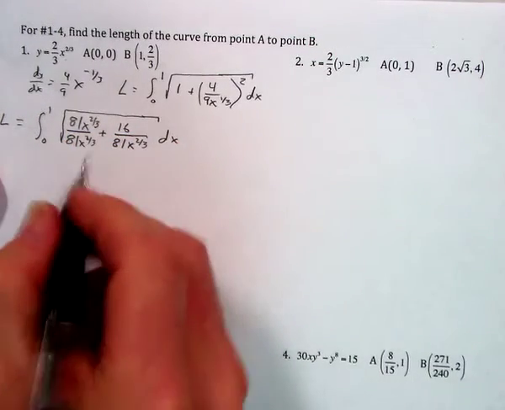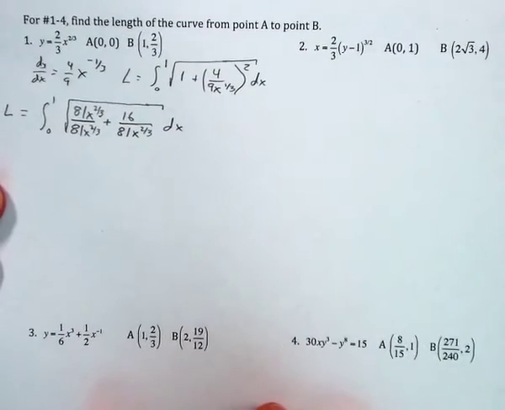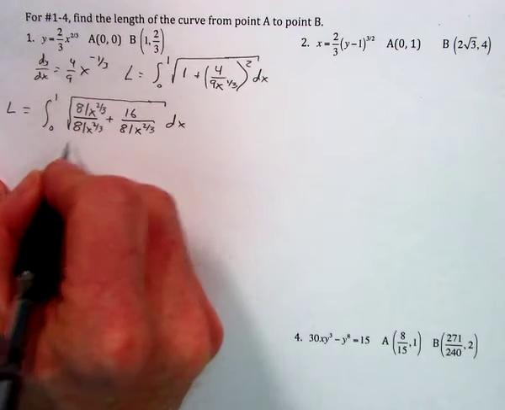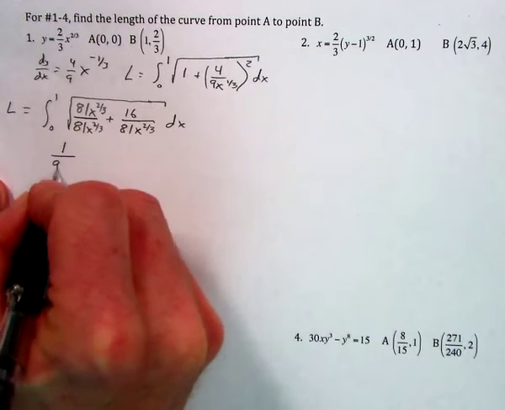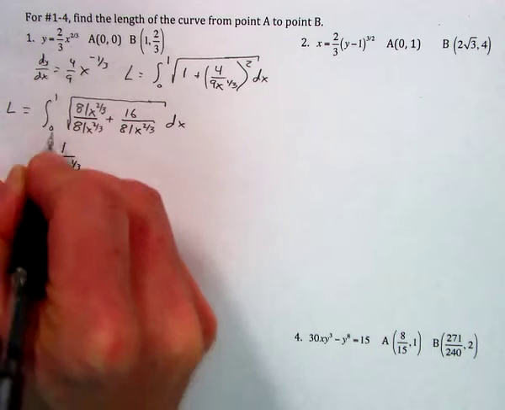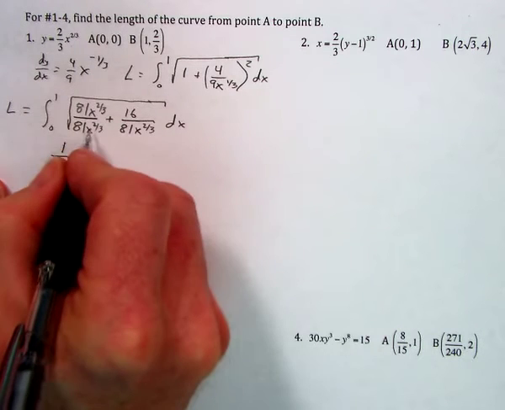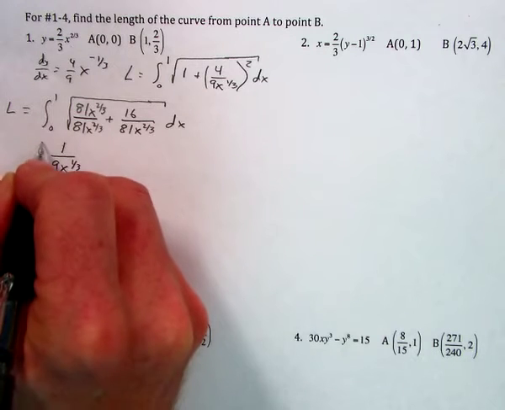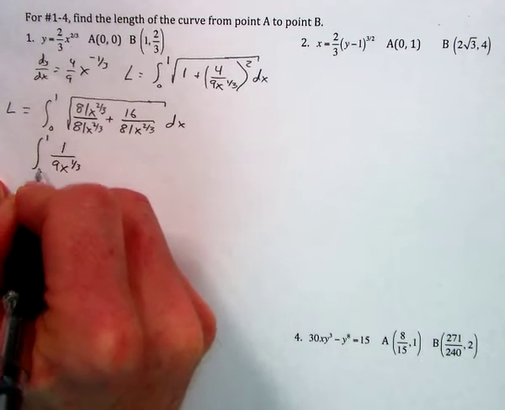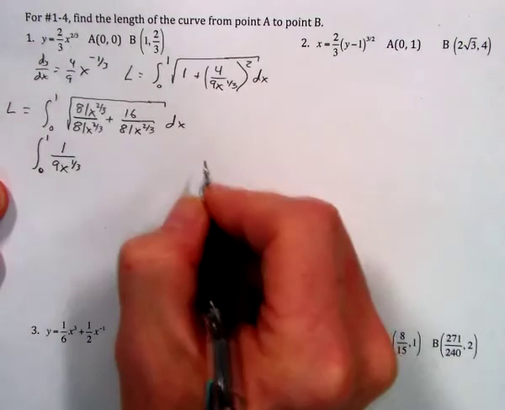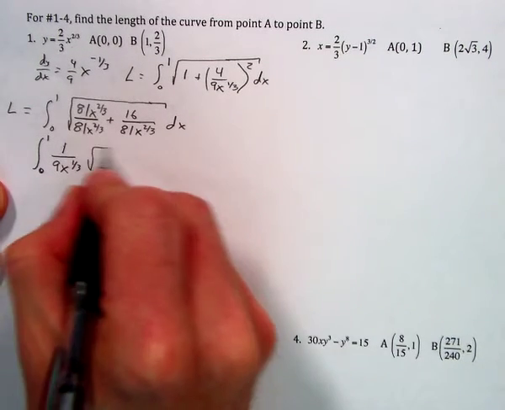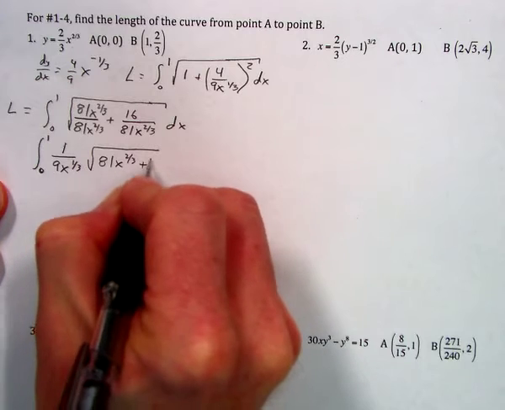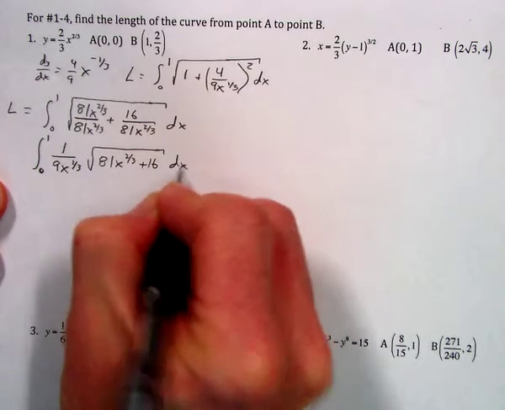At this point, I can factor out the 81x to the 2/3, which will end up giving 1/9 x to the 1/3, and we have a positive interval here, so x to the 2/3 square root of that will be positive, and we don't need to worry about absolute value or plus or minus there. Square root of 81x to the 2/3 plus 16 dx.